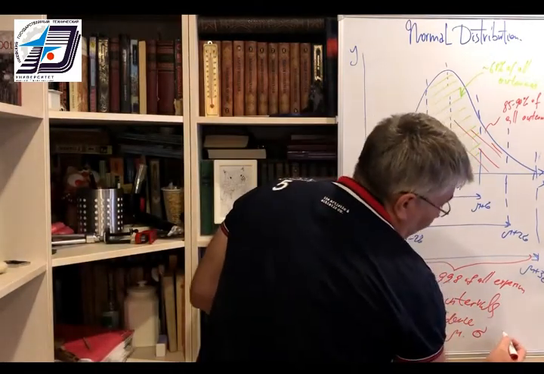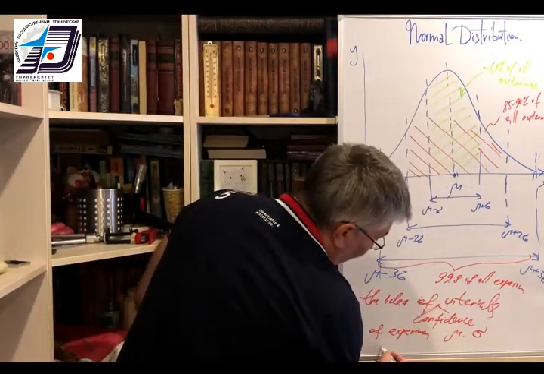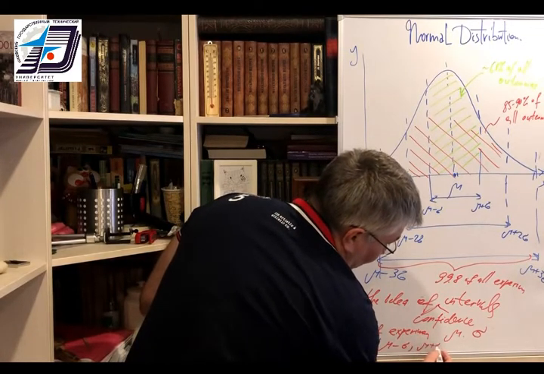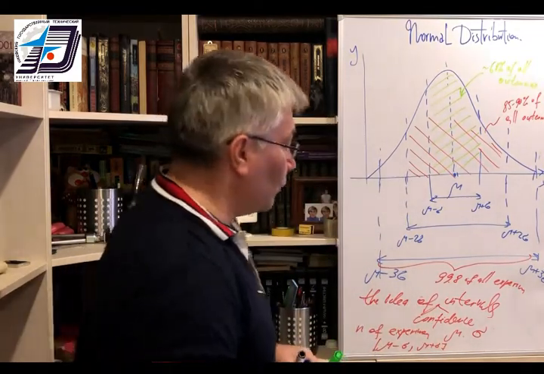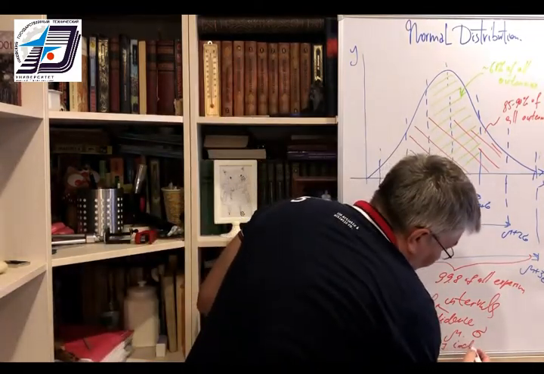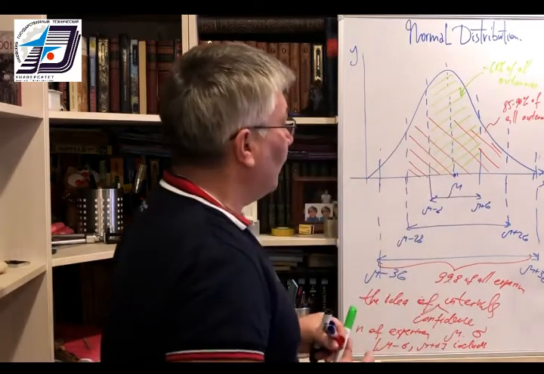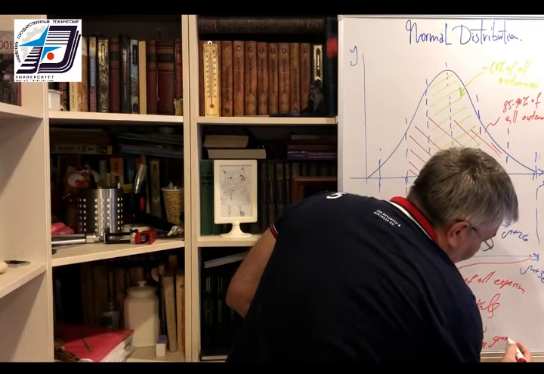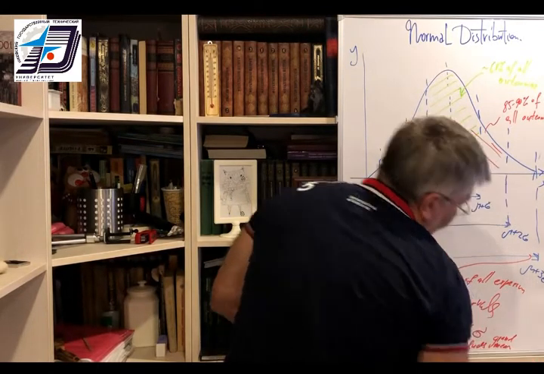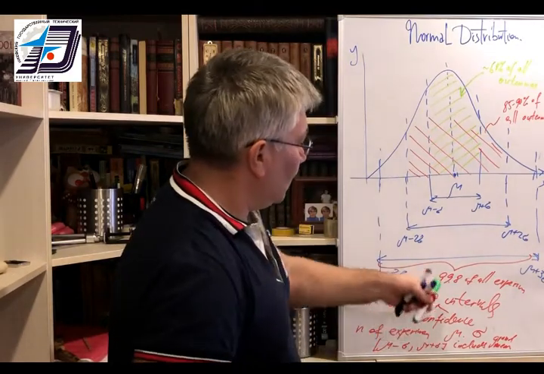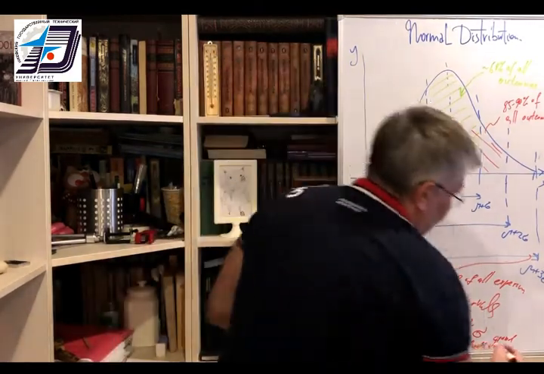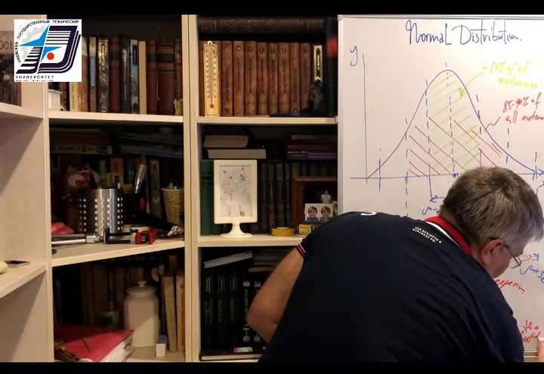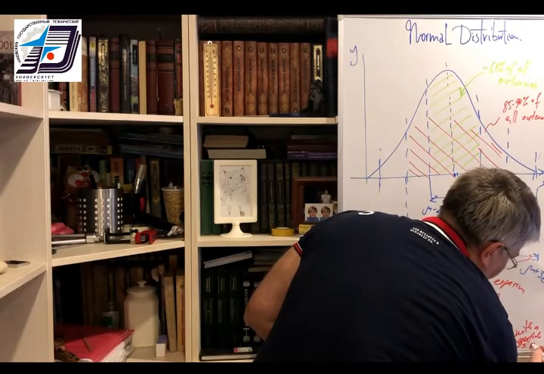you can define the interval mu minus sigma, mu plus sigma. This interval includes the real mean value, the real mean or grand mean, with confidence 99.8%.